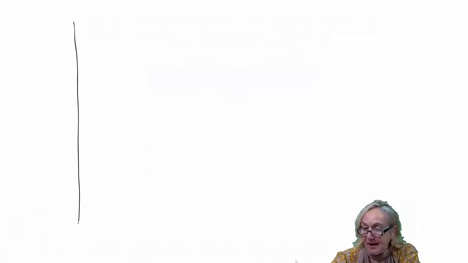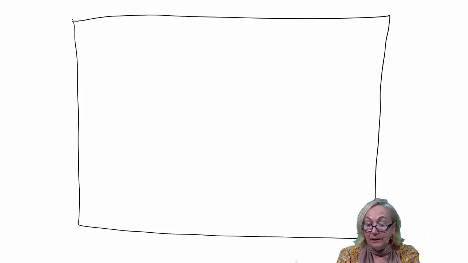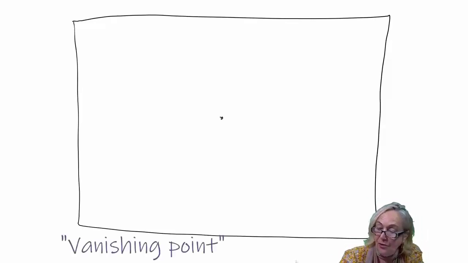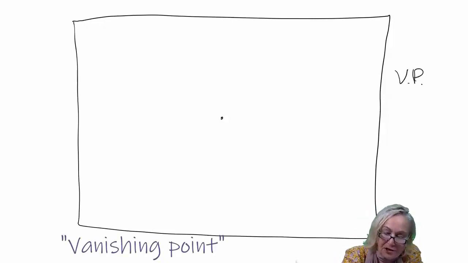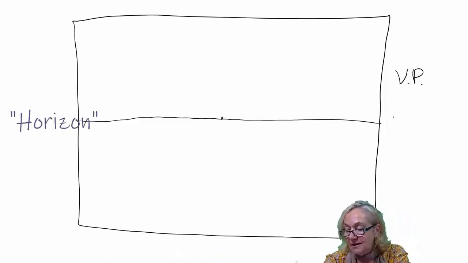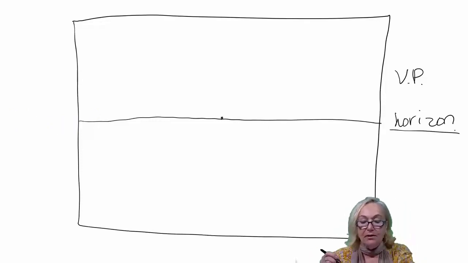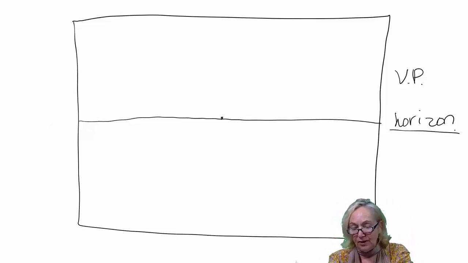I'm starting out by defining my space, and we literally will start with a point, a dot, and that is also known as the vanishing point. Okay? And through the vanishing point, I'm going to draw a horizon line, horizontal line. And did you know that as you move, the horizon will always move with you?